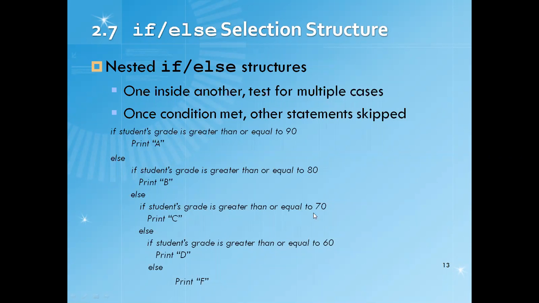For example, if equal to 70, if equal to 60, they will be printed out one by one. Finally, if none of the conditions match, just print out F.